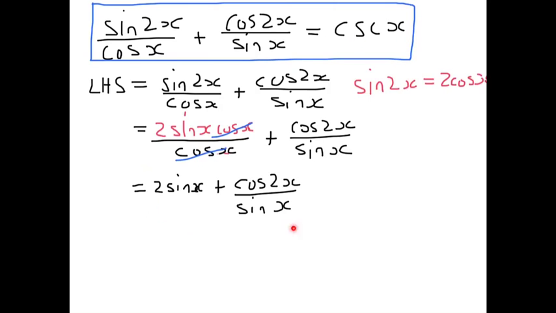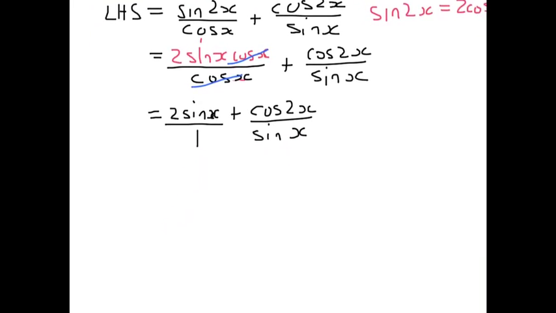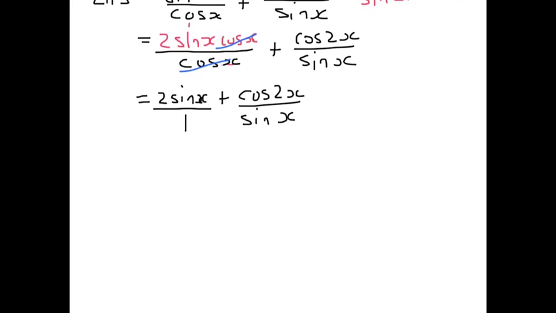I'm going to add these two terms together. Again, 2 sine x has a denominator of 1. To get common denominators, I need to multiply this by sine x and this by sine x because I want the bottom on both of these fractions to be sine x. So I go ahead and do that. That gives me up here 2 sine x times sine x is 2 sine squared x.